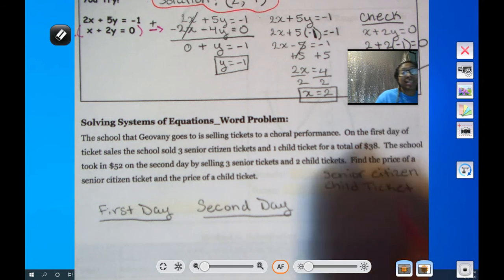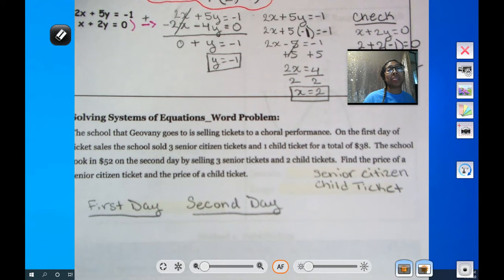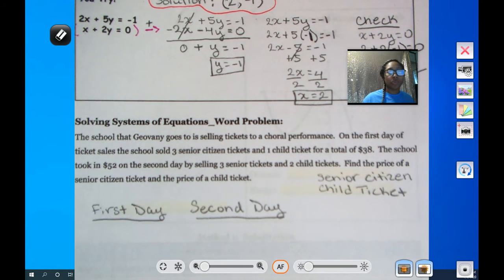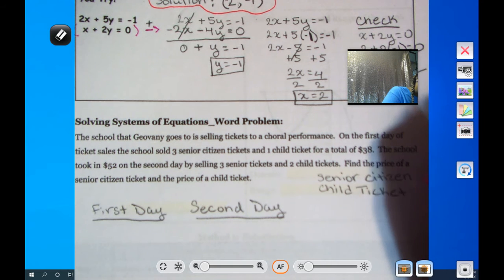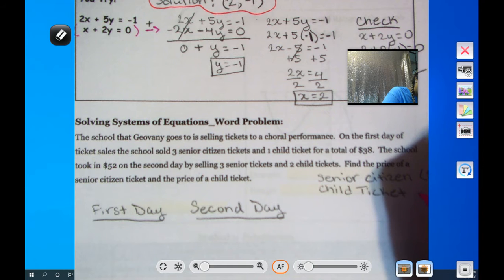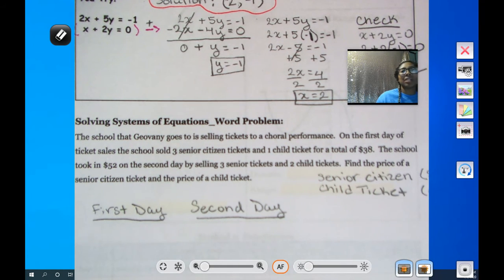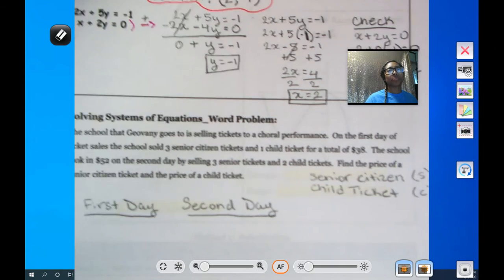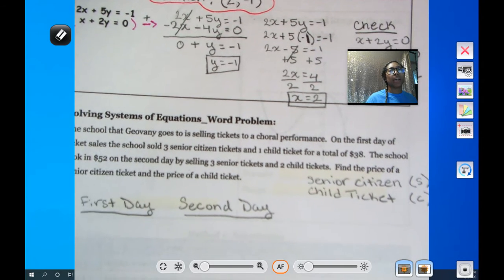I'm going to assign each one of these types of tickets a variable, okay? So let's call the senior citizen ticket S, and we'll call the child ticket C. And you can think of this as like our X and our Y, right?